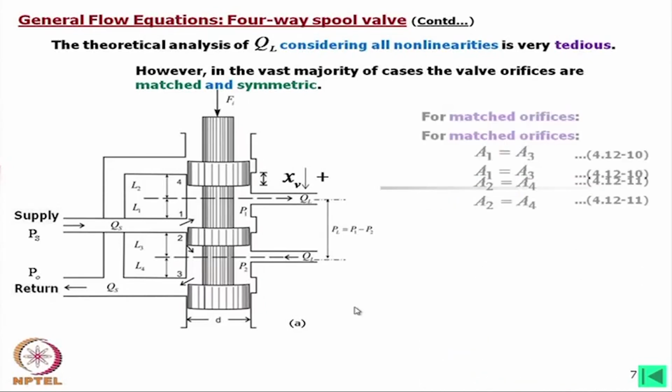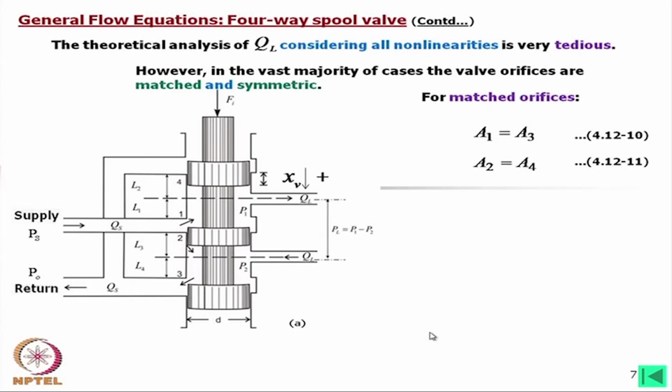By equations, for matched orifices A1 is equal to A3. When this spool creates the port area A1 and the port area A3, they must be equal. So, we have to take care in manufacturing that A1 equals A3 and A2 must be equal to A4.